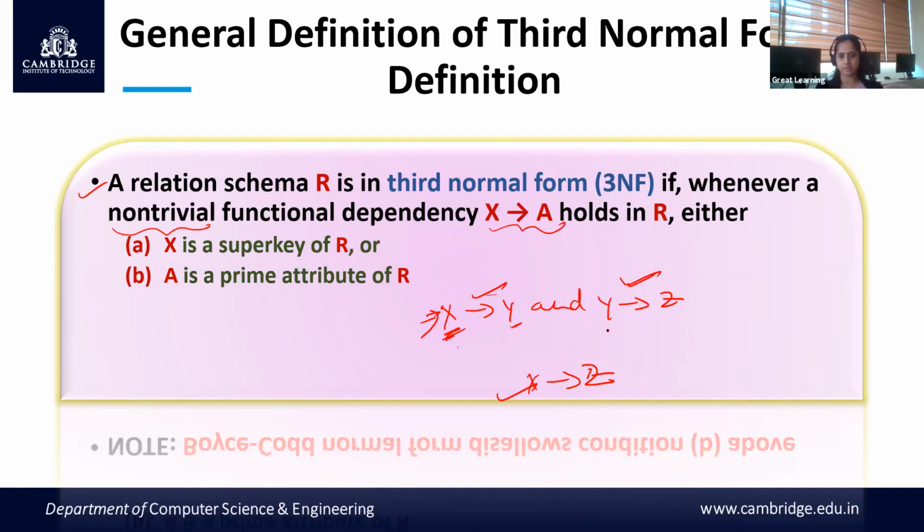In this case, if Y is a super key, it's fine, then there is no problem leaving that. This functional dependency can stay in a table or in an existing relation schema. Or it should be a prime attribute. A prime attribute is the attribute which is part of the primary key or any key, super key or candidate key. If any one is satisfied, then I don't have any problem with such a transitive dependency or such a functional dependency.